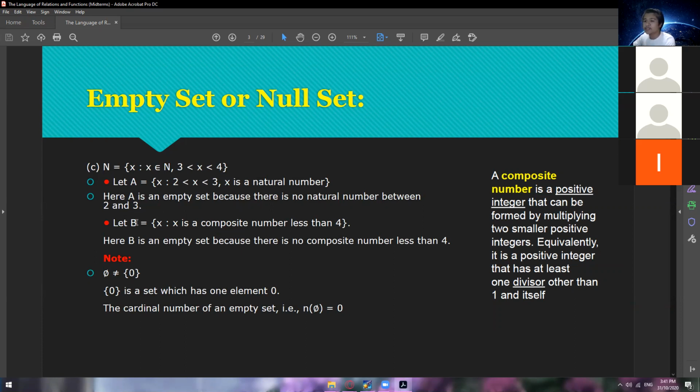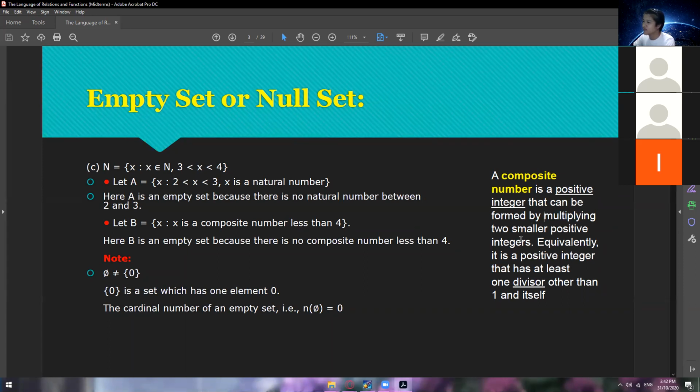Okay, so we have another example. Let B be a set wherein x is a composite number less than 4. Okay, so what is this composite number? So this one is actually similar with prime number. So I have here the definition of composite number. A composite number is a positive integer that can be formed by multiplying two smaller positive integers.